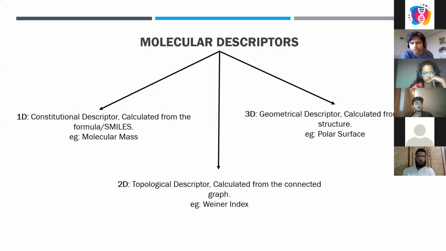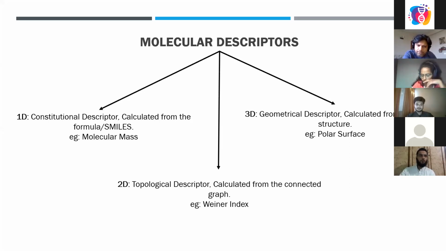I hope you know what SMILES is. If you don't, please read about it. It's very much the same way we write a chemical formula. It is also a kind of string which represents your molecule. So those features that can be directly calculated from the formula or the SMILES are considered one-dimensional molecular descriptors.